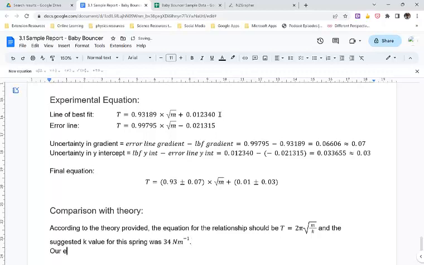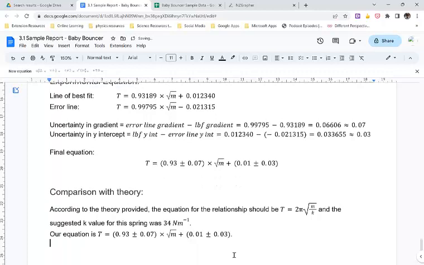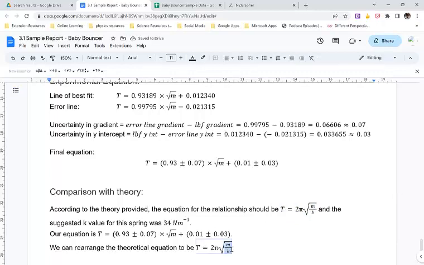Our equation is, well, it's this. And then we can rearrange the theoretical equation to be, let's do it like this. Let's take this whole thing out and write just m, and then 2 pi, what's the best way of doing this?